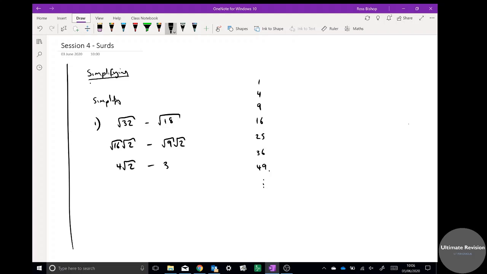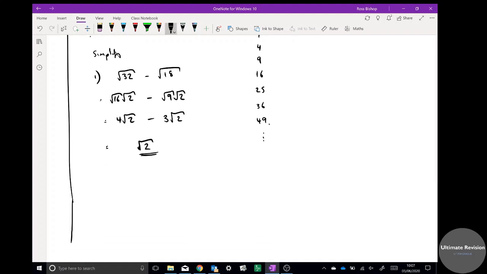And root 9 is 3, sorry, so 3 root 2. And then I can just, like algebra, 4 root 2 minus 3 root 2 just becomes 1 root 2, or just root 2. So root 32 minus root 18 just goes to root 2, and you can check that with your calculator. Quite nice.